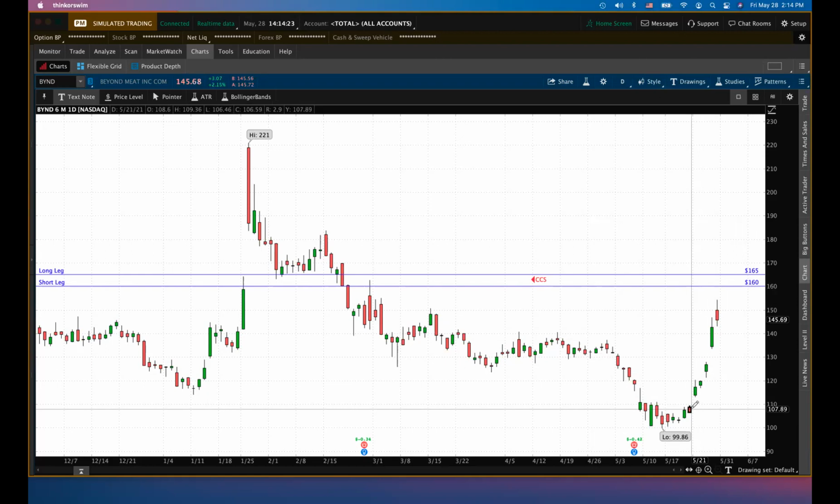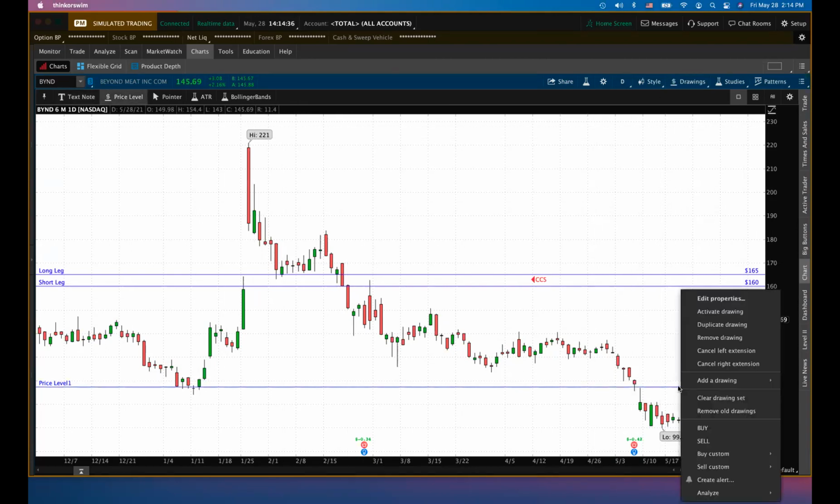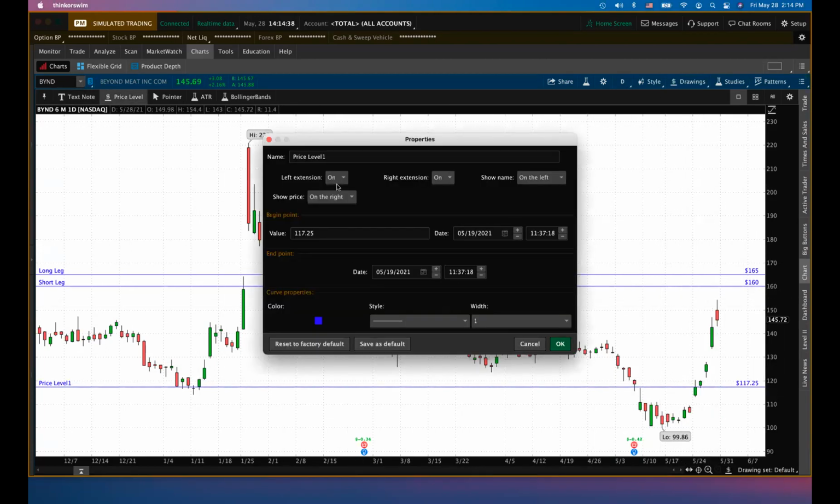It started off at 107, gap tapped to about 113 and has kept going up. So maybe just for this example, let's choose 110 as a good point. Going to do my price level here and edit properties, make that my short leg. Okay, and the price point here is 110.